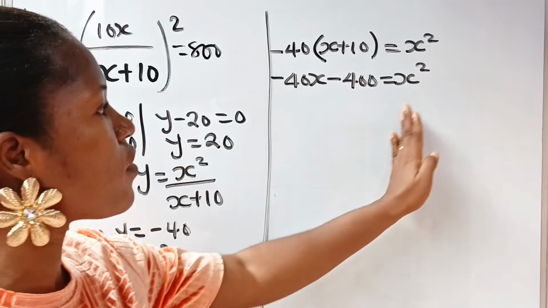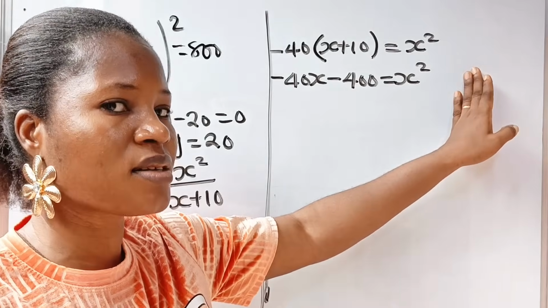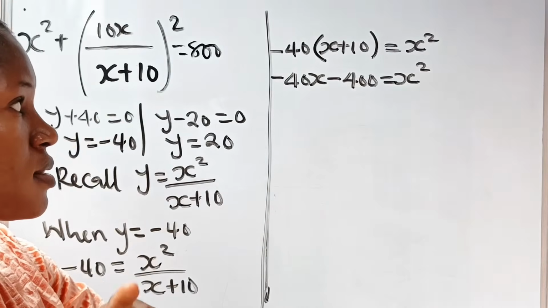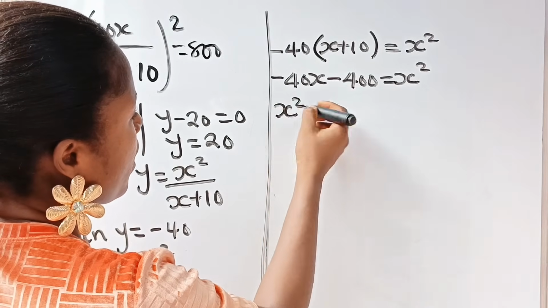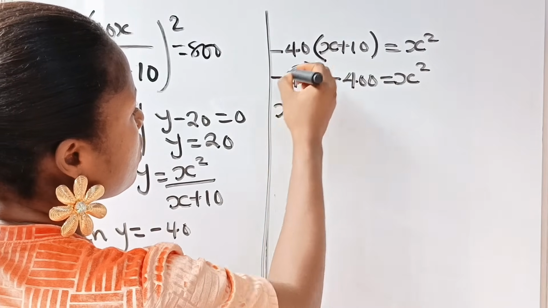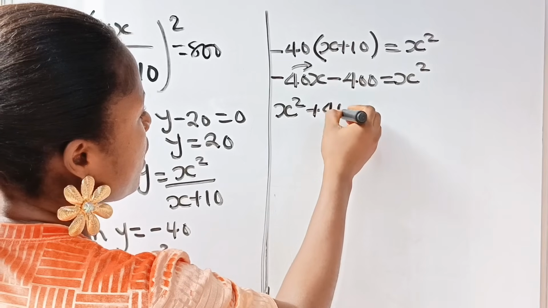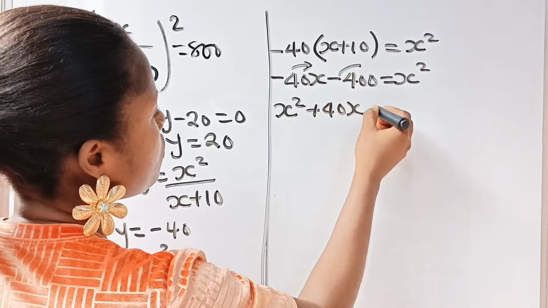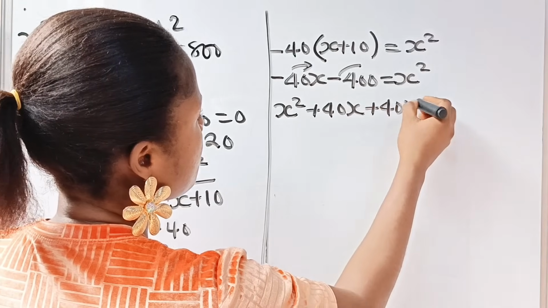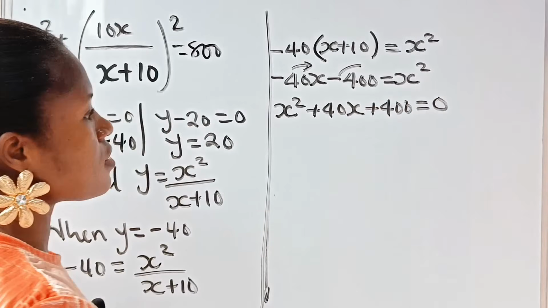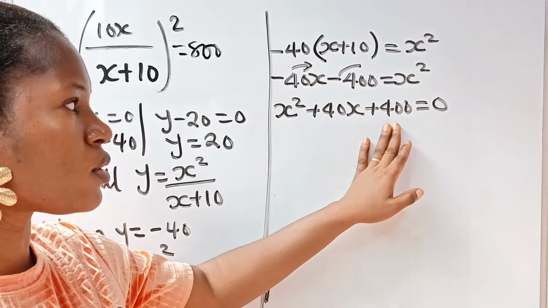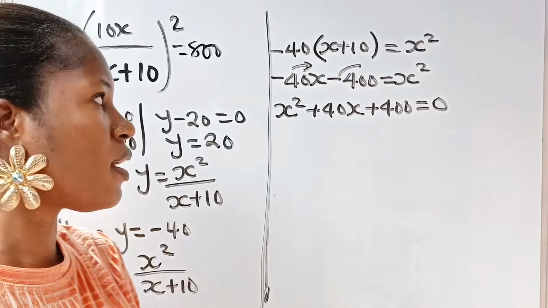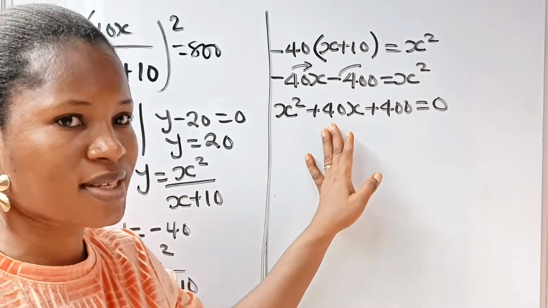Now let's transfer everything to the right hand side to form our quadratic equation. So we have x squared, this will cross to become plus 40x. This will cross to become plus 400 is equal to 0. So now we need two factors of 400 that when you add them together, you get 40.